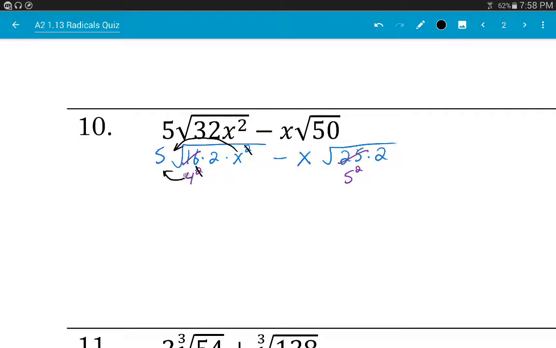Same thing as before, 4 times 5 is 20, and the x came out as well. Who's stuck? Just the 2.